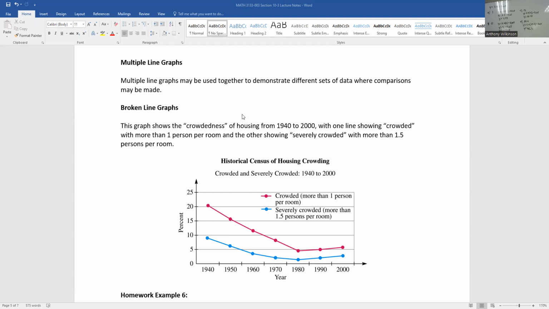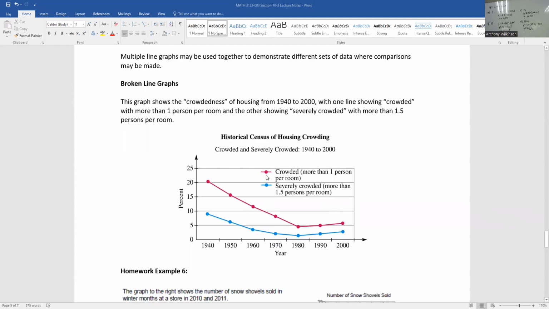So here, this graph shows the crowdedness of housing between 1940 and 2000, with one line showing crowded, with more than one person per room, and the other showing severely crowded, with more than 1.5 persons per room. The legend, as you can see, is given.